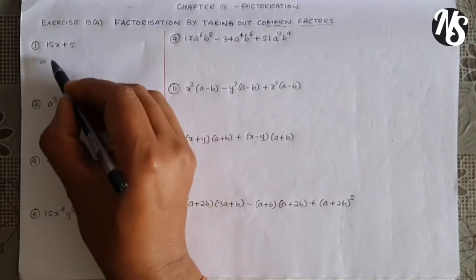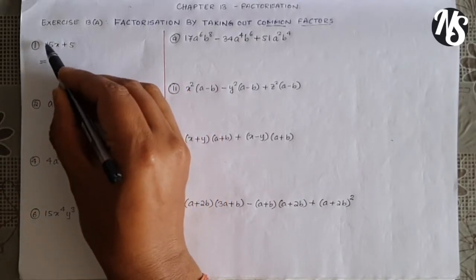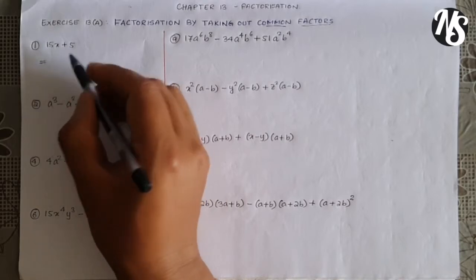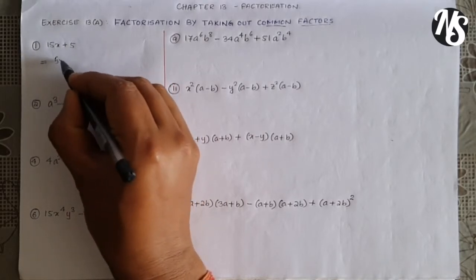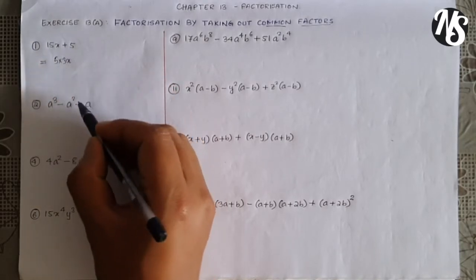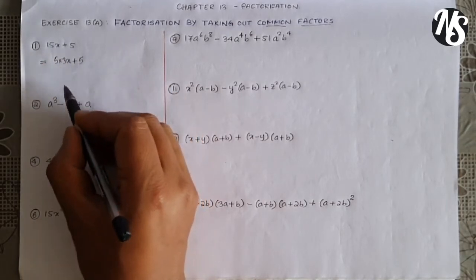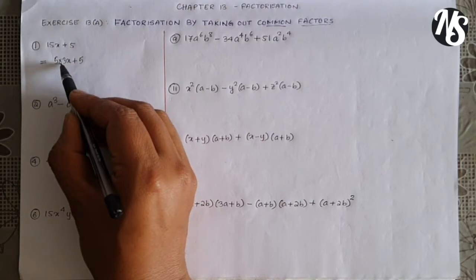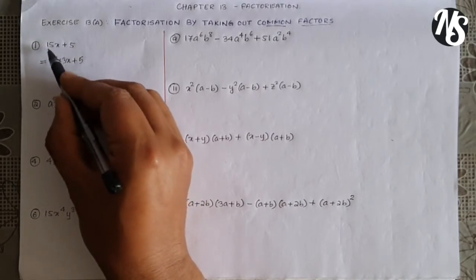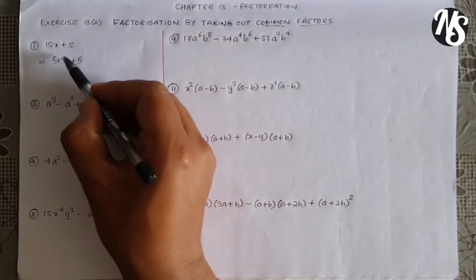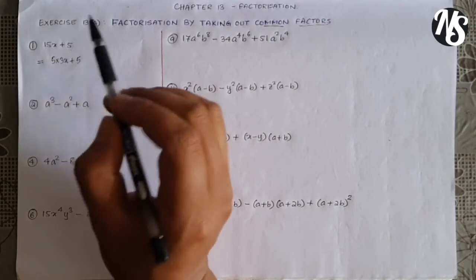So can you write 15x as 5 into 3x? Plus 5. The multiplication sign won't divide the term into two different terms. This entire thing is considered one single term.